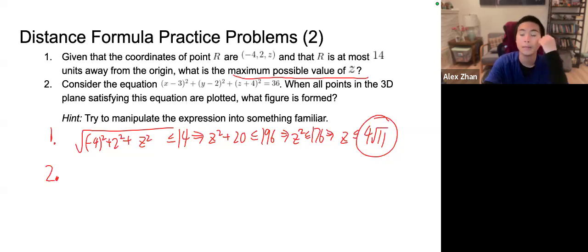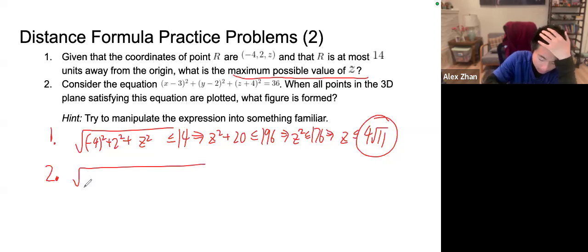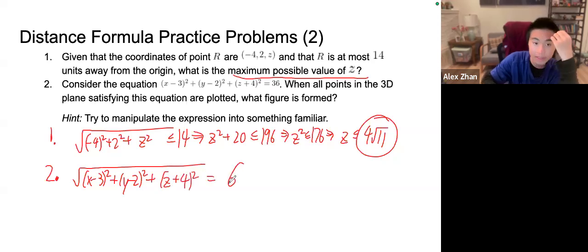Like, what shape does this expression look familiar? For instance, if I took the square root of it... wait, I'll first write this out. Imagine if you did this. So then what does this mean? Can someone tell me what this means? Remember the earlier distance formula?